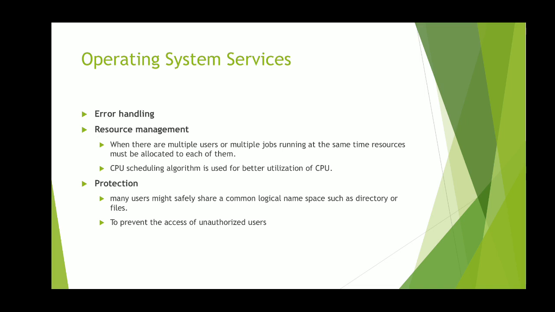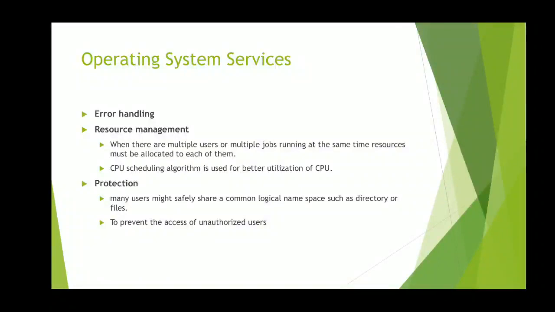Other types of resources include the keyboard, mouse, monitor and various communication devices in the case of a computer, and various sensors and actuators in the case of an embedded system. The resource management service helps to manage these resources properly.